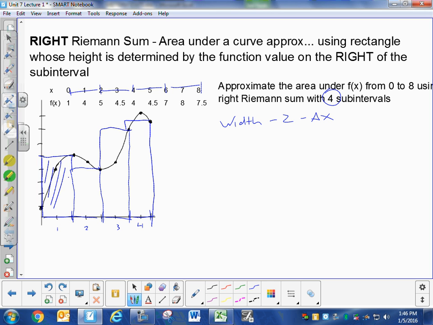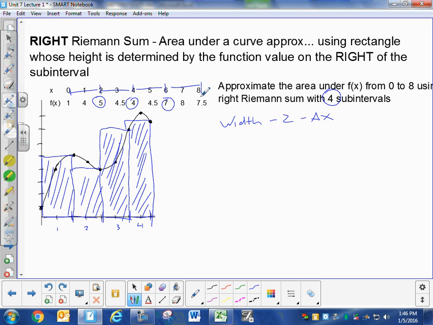And we will calculate this area in here, and that would be our right Riemann sum approximation for the area under the curve. Here you would circle the 5, the 4, the 7, and the 7.5.